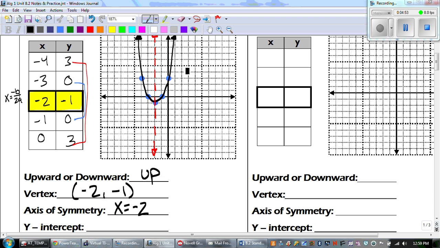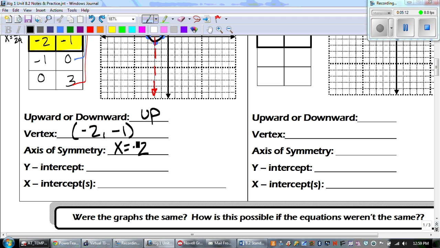Now we actually have to look at our graph. Y-intercept, where does it cross the y-axis? Remember, here's your y-axis, and we have a point right there. What's that point at? Yeah, it's at 0, 3. So our y-intercept is 0, 3.